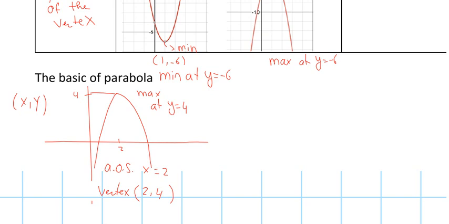So your X value first, your Y value second. Okay. So we found the vertex. We found the axis of symmetry. We found the maximum value. If you know what your vertex is, you can find the other two. Yes? All right.